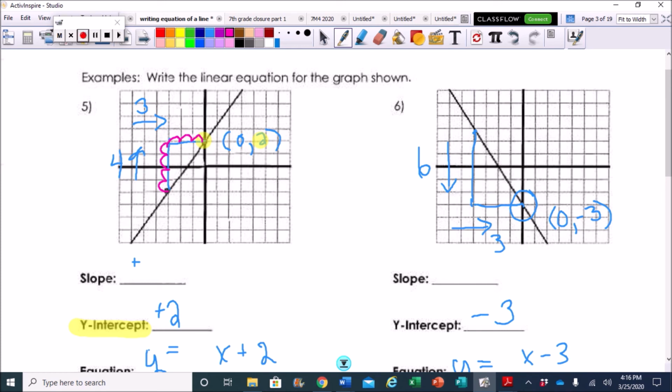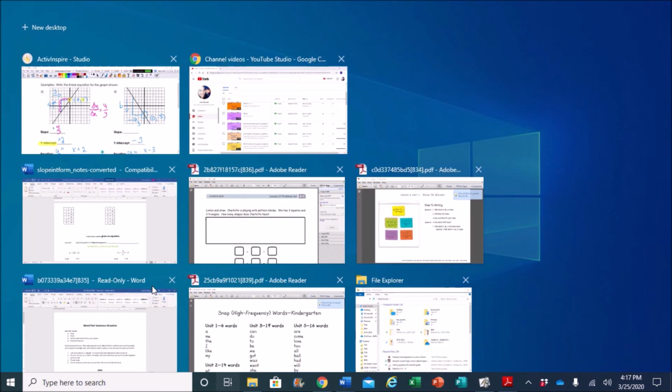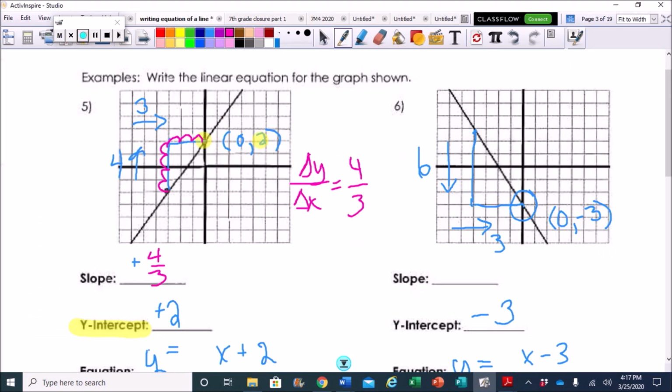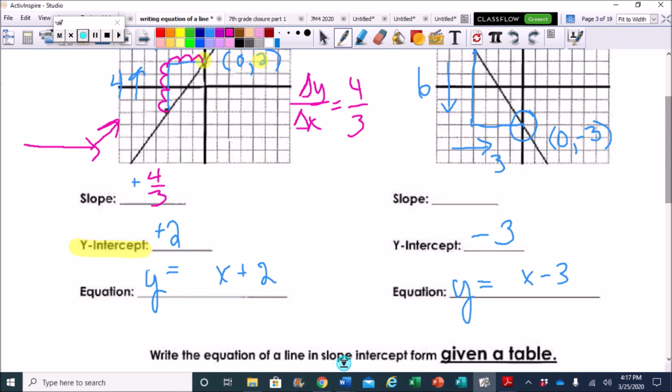So that means my delta y over my delta x is up 4 to the right 3. So it's +4/3. And you can tell as you come from left to right, it goes uphill. So then I put it into the equation, y equals 4/3 x plus 2.